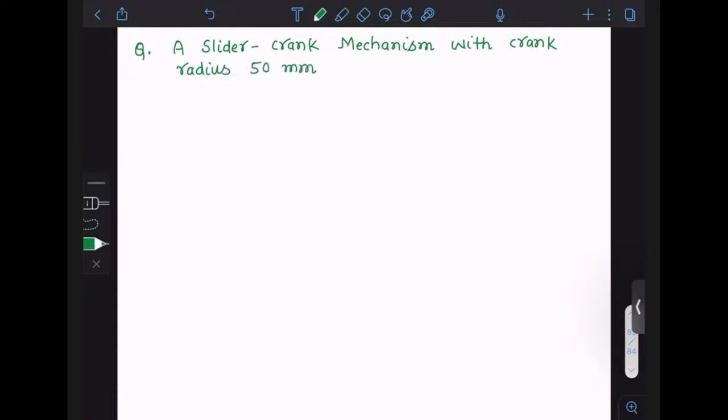See everyone, this is a problem. A slider crank mechanism with crank radius 50 mm and connecting rod length 250 mm.